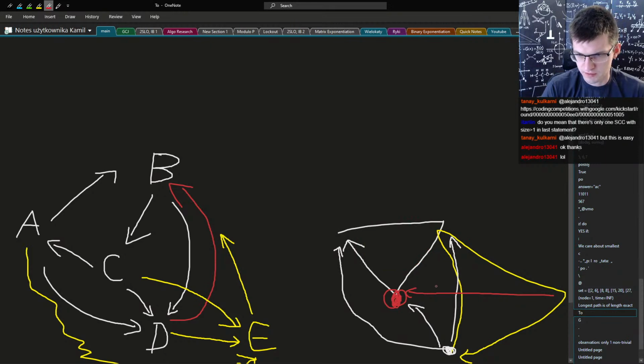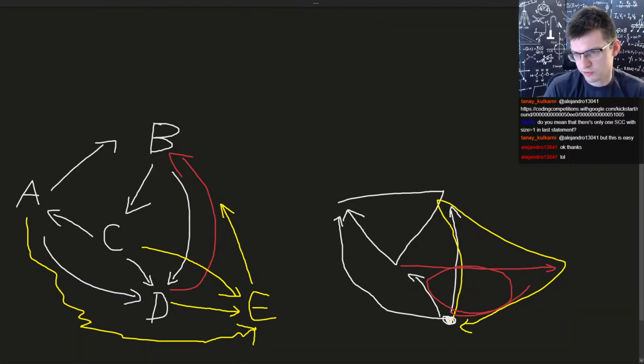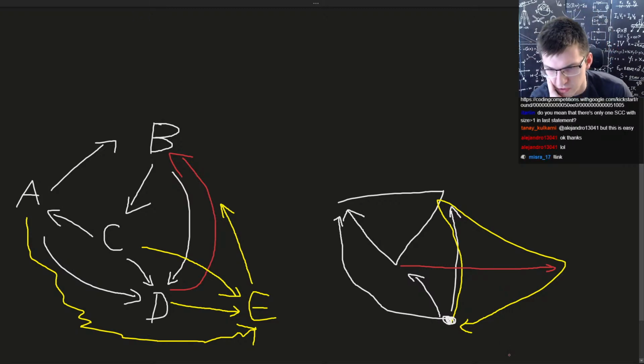Then this is bad, so instead, for sure, this must happen. Then this is a new triangle. I'm looking still for a contradiction.